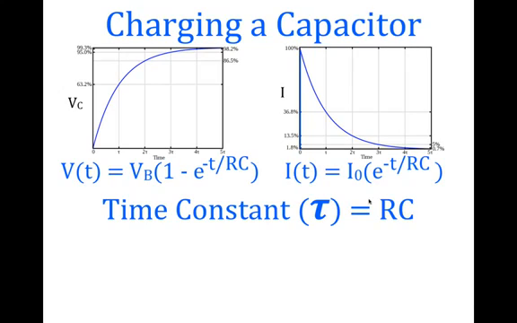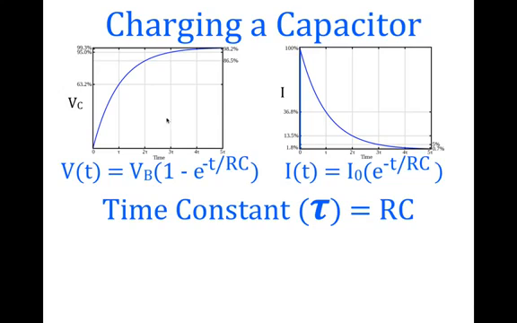Now, you should notice, because each of these graphs is in time constants, that for any pair of resistor and capacitor, after one time constant, the voltage across the capacitor will always be 63.2% of the maximum. For two time constants, it's 86.5.